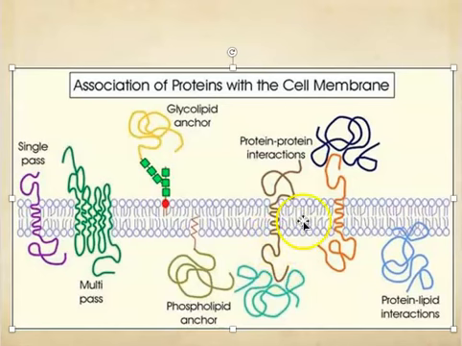Now, we can tell something about the chemistry of the amino acids in this protein just by the fact that it can cross the entire bilayer.